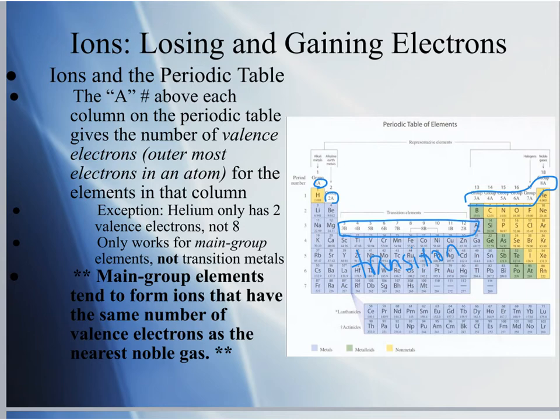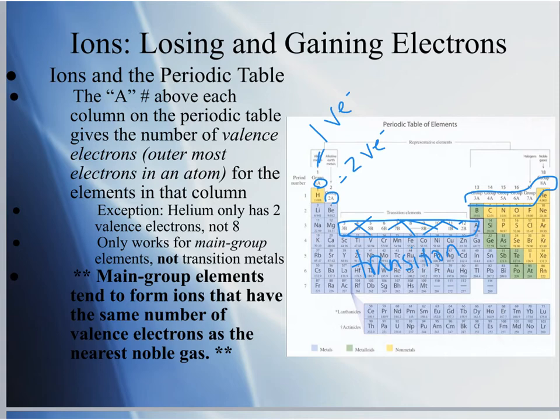So group 1A has 1 valence electron. Everybody in group 2A has 2 valence electrons. Now it doesn't work for the B's, because I'll tell you right now, some of those elements in the transition metals have one number of valence electrons and some have varying numbers of valence electrons.